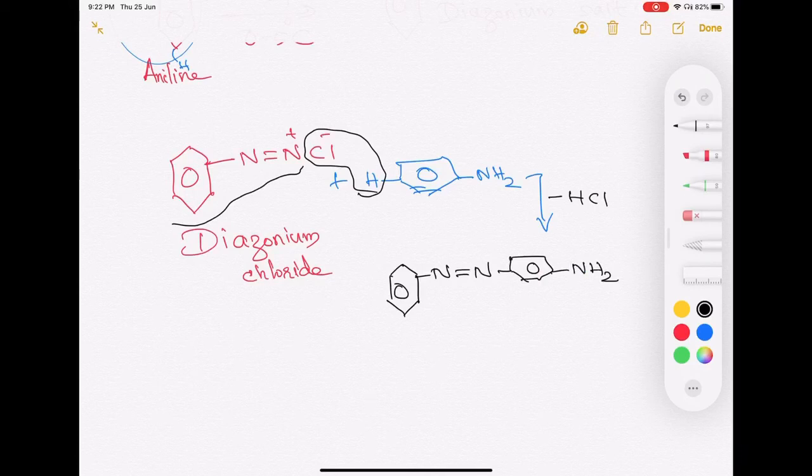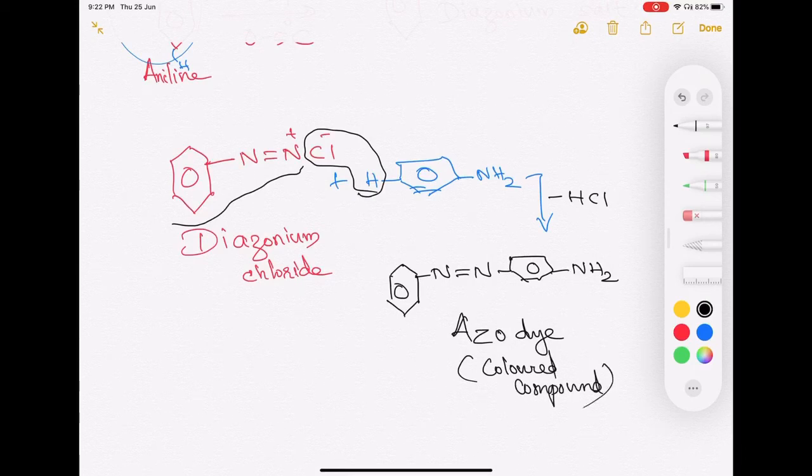This compound, produced from the diazonium salt, is your azo dye. This is a colored compound. Azo dye is nothing but a colored compound.